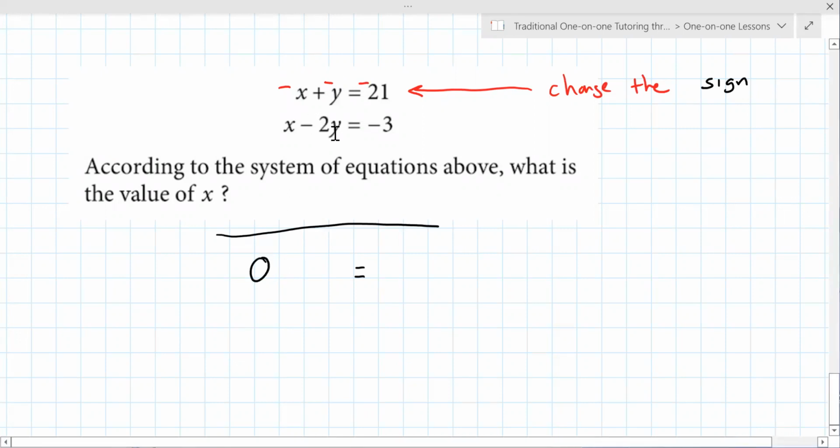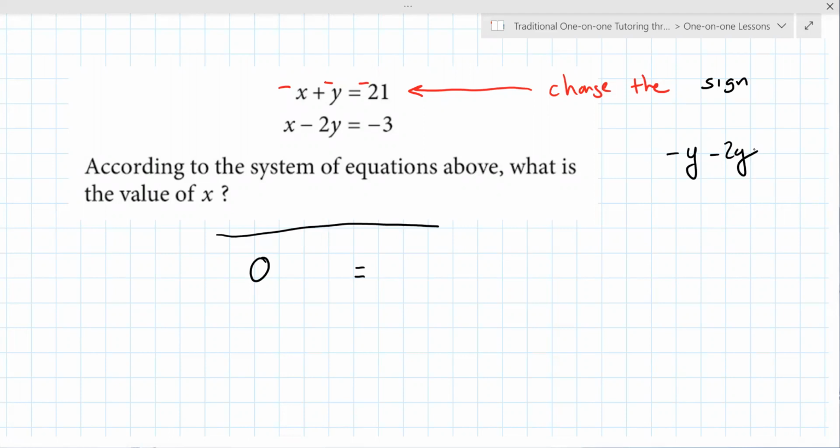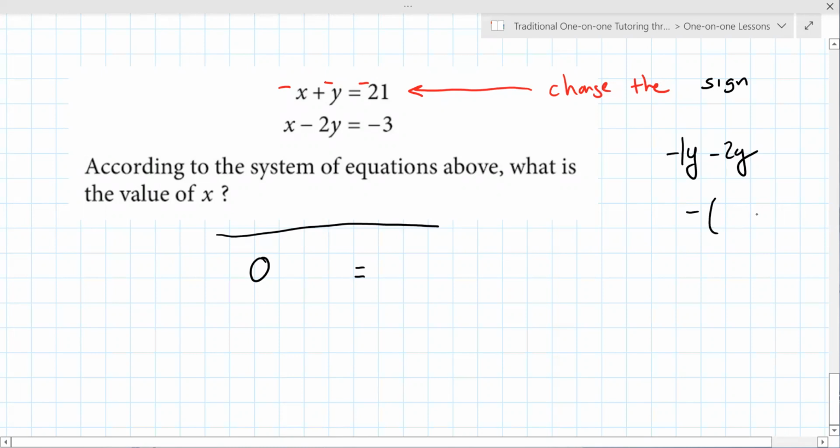Minus y minus 2y. Minus y minus 2y. You have to subtract. That's 1. It is not 1. They're both negative, which means you keep the sign. Keep the sign, and then you add the two numbers, 1 plus 2.